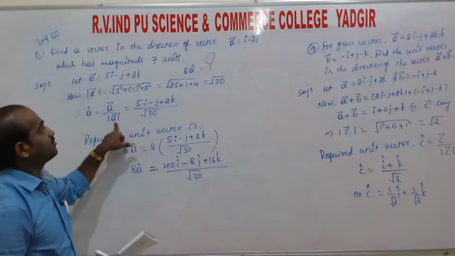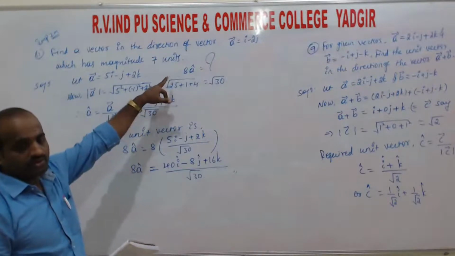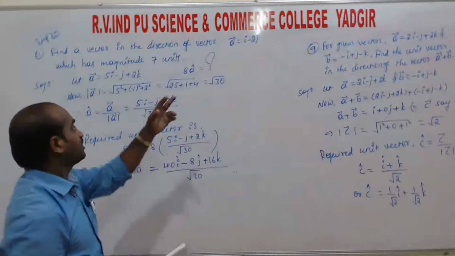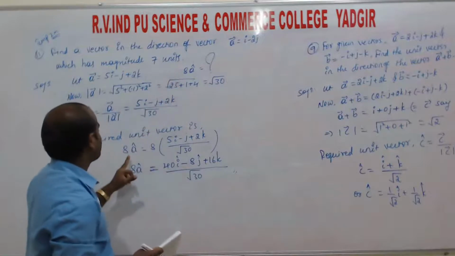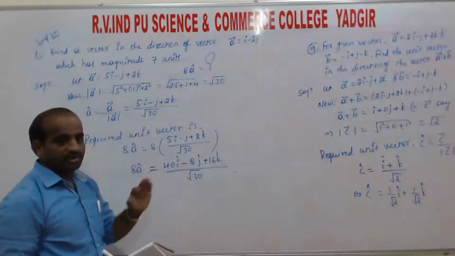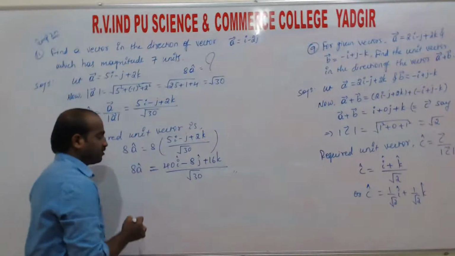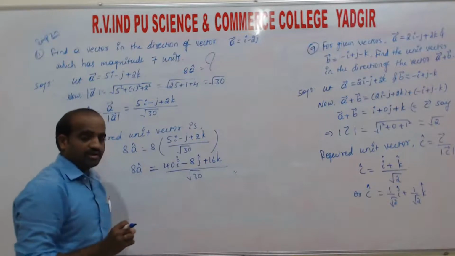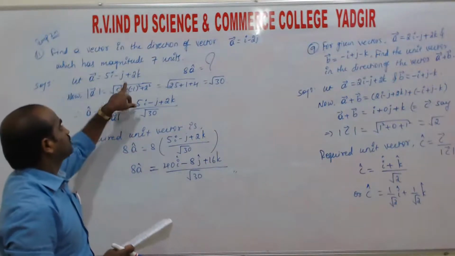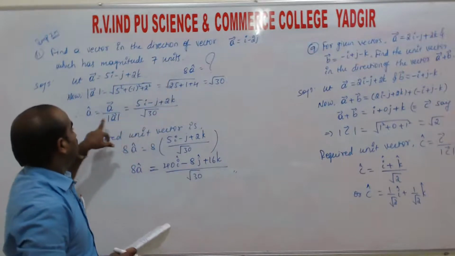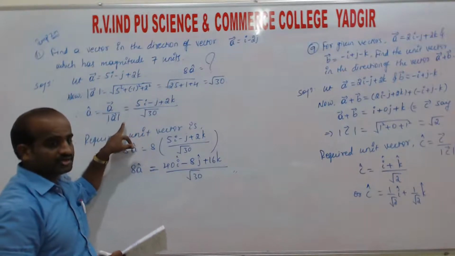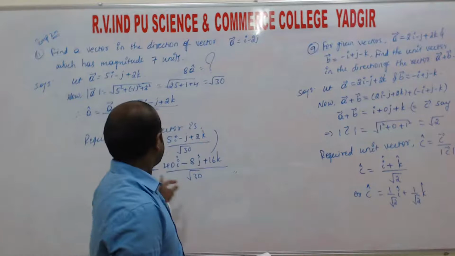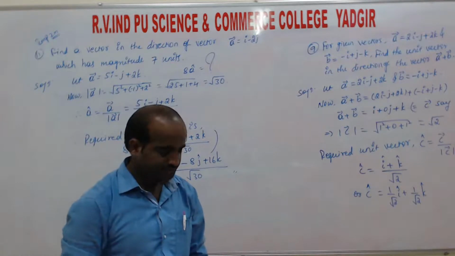The vector has magnitude 7 and is in the direction of a vector, so it is given by 7 into a cap. Don't take magnitude of a as 7 or 8 here. The vector with magnitude 7 and unit vector in the direction of a vector is given by 7 into a cap, which is to be found out.